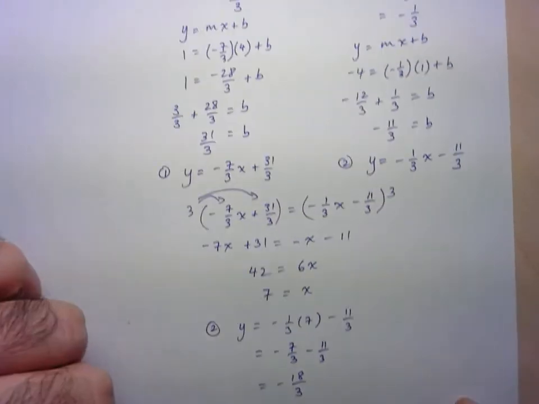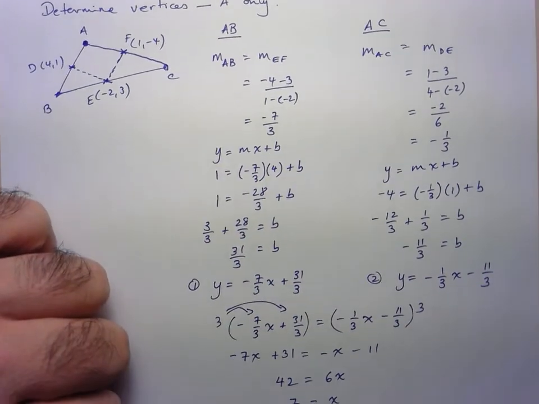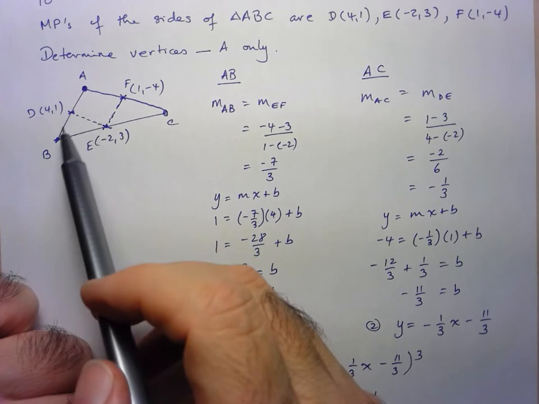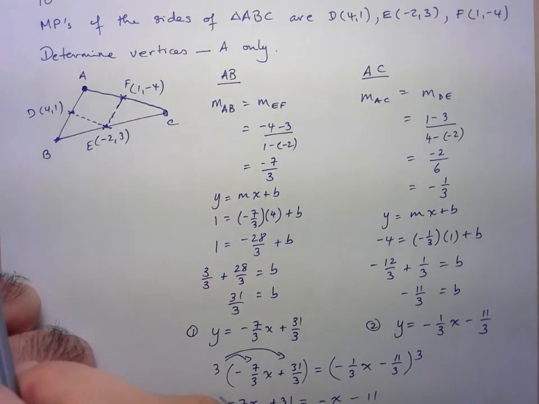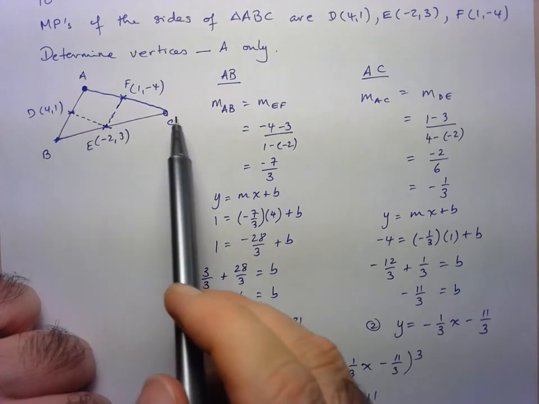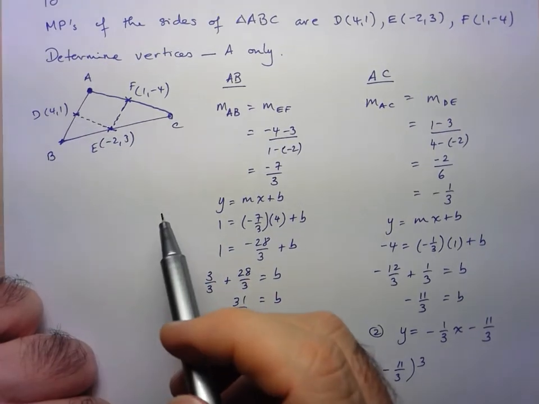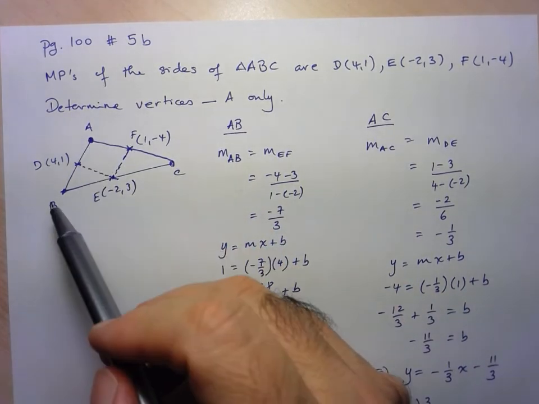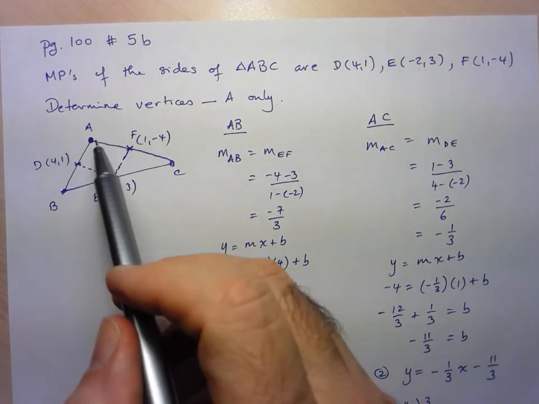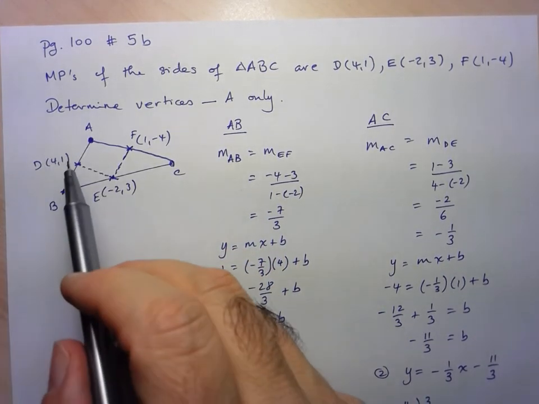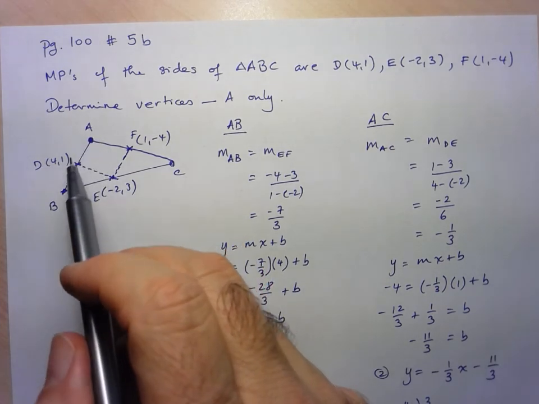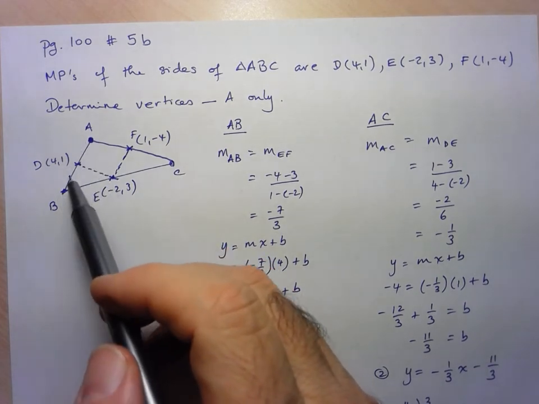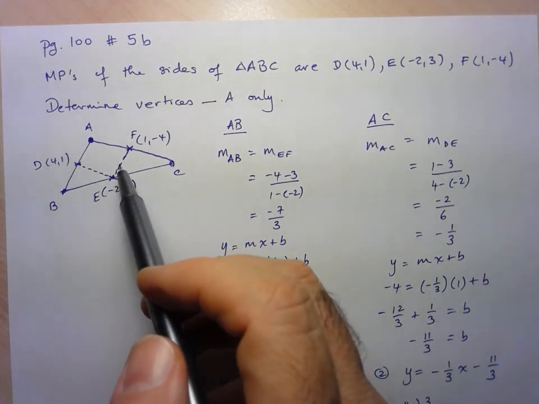Again, if you wanted to find the other two vertices, you already have two equations. You would have to find the third and then find the intersection of AB and BC to find vertex B, and then the intersection of AC and BC to find vertex C. So just to recall what we did, we decided to find this vertex by determining the intersection of two of the sides, and we were able to do that because the midpoint was a point on the side, and the slope of one side of a triangle has to be the same as the slope of the mid-segment which is opposite to it.